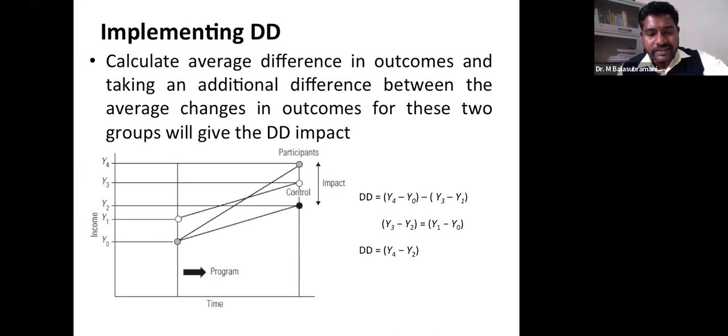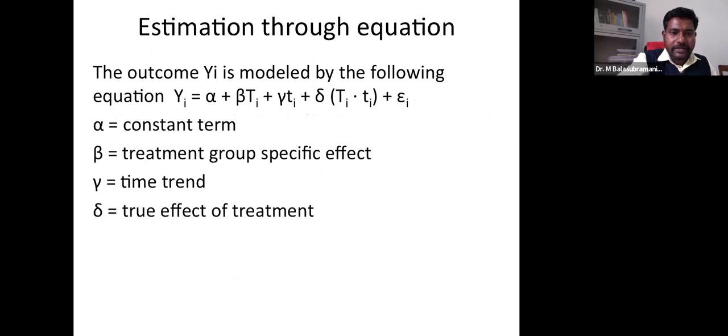That is observed in the characteristics themselves. This is not because of any technological intervention. This difference is already existing. That is beta, the treatment group specific effect. It may be lower or it may be higher, whatever it is. And the next coefficient is gamma, that is a time trend, which is common to both the control group and our treated group.